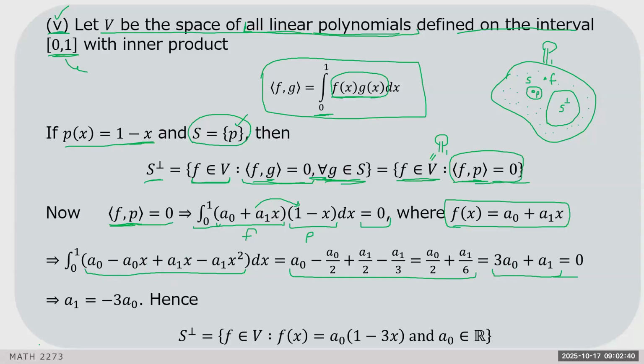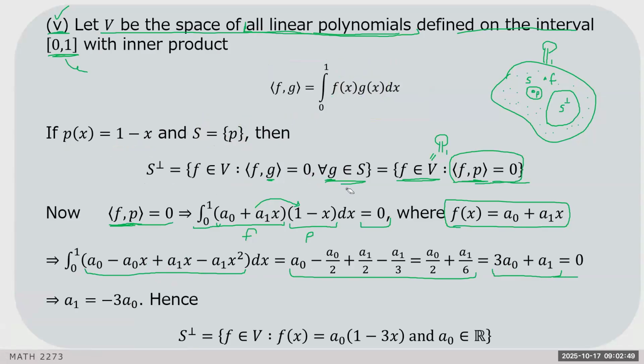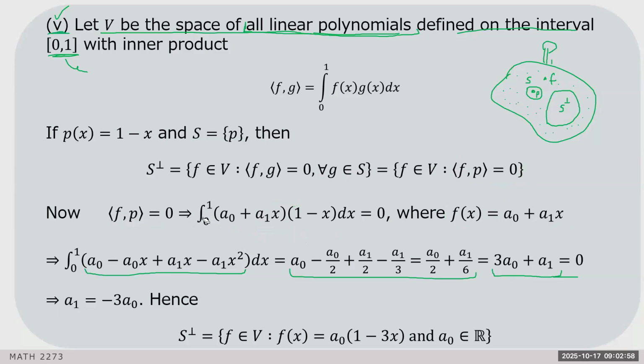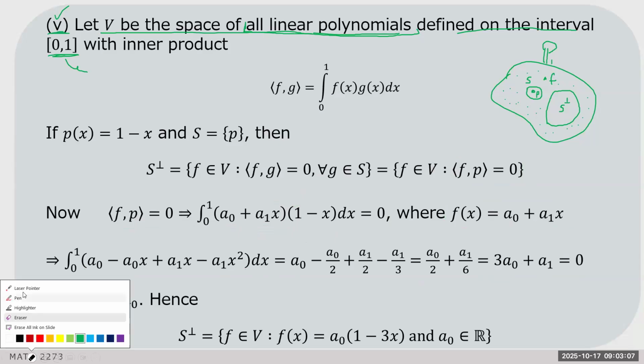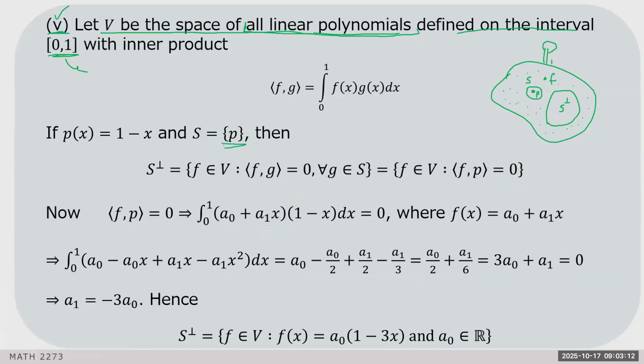Okay, so what does that mean? Even though in this case the set S just contains a single vector, S is as easy as it could be. If you understand how to do this calculation for just one element in S, then you understand how to do it if I give you, for example, 2 elements in S. So if S had another element, P and Q, or maybe 3 vectors, or maybe 10 vectors in S, the calculation would be the same.